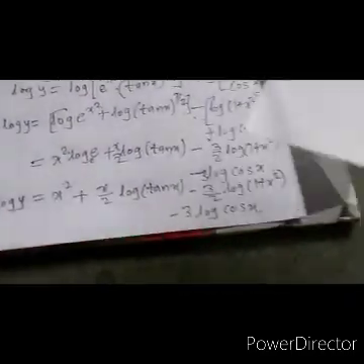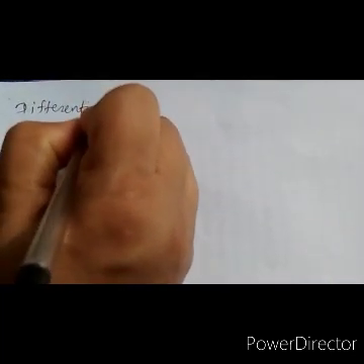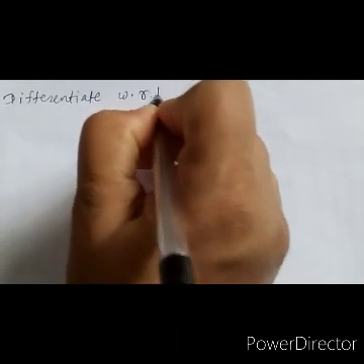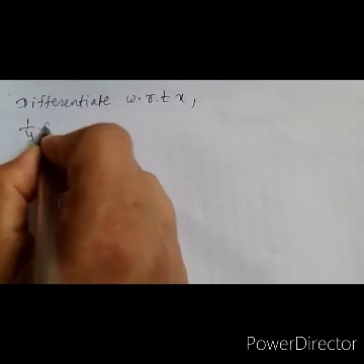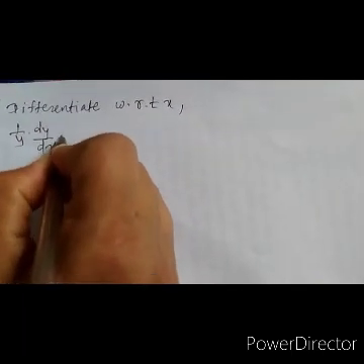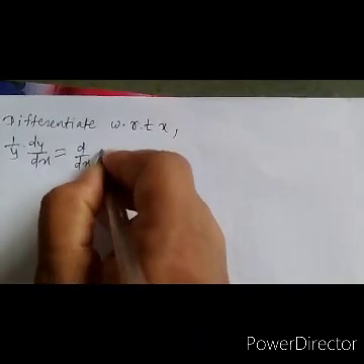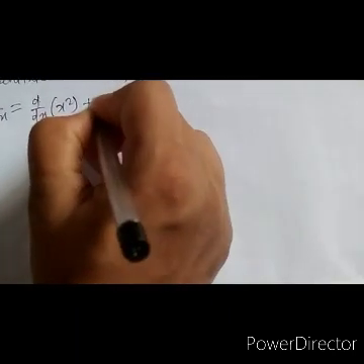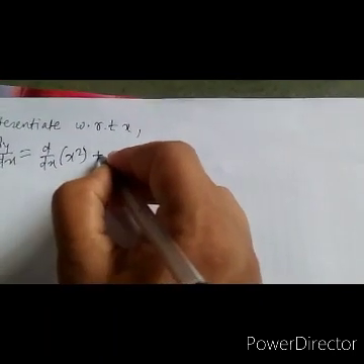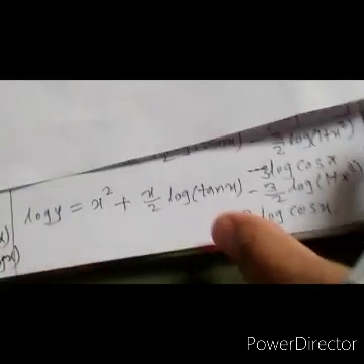Differentiating with respect to x, the derivative of log y is 1 upon y dy by dx, equals d by dx of x², plus here x by 2 into tan x.